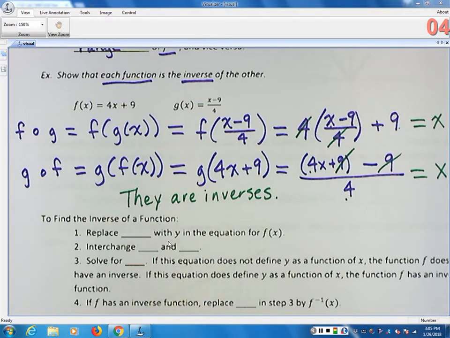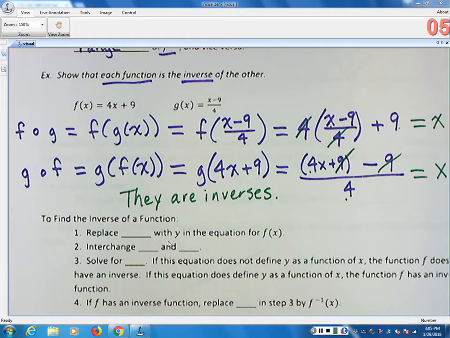And if it doesn't come out so nice, they're not inverses. You can try it. I didn't show an example where you get a mess that nothing cancels, and don't start trying to make things cancel when they don't.